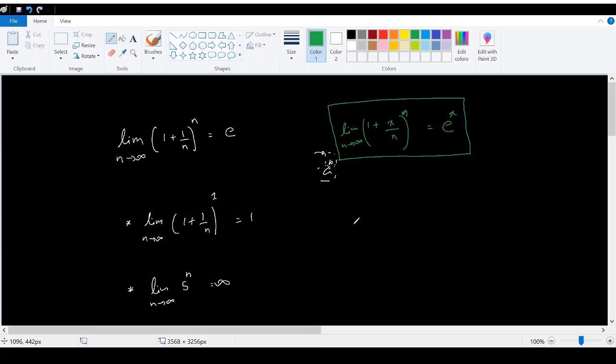So here there are two important things. When you have this limit variable in the base as well as in the power, you cannot directly substitute this limit and obtain the answer.